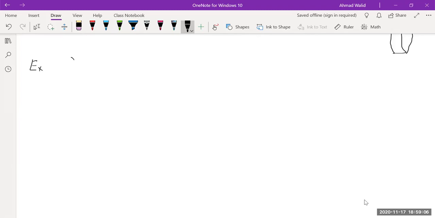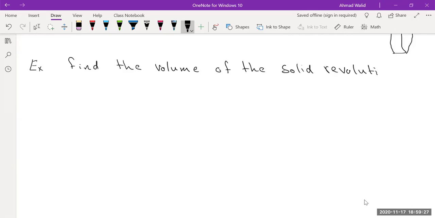In example number 2, find the volume of the solid of revolution where y equals radical x on the closed interval 0, 1.